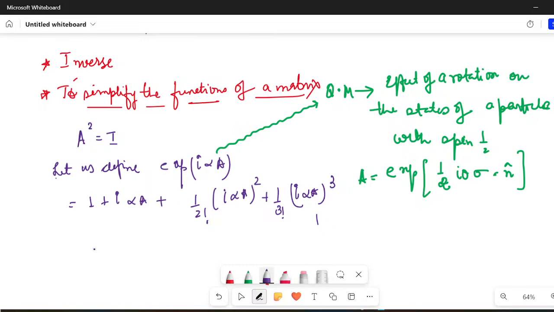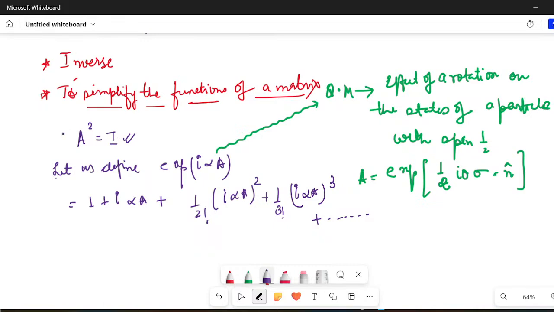Now you see, if I define this exponential iota alpha A as the sum of all these things, what can happen? Since I know that my A square is equal to I, let's say this is my minimal polynomial.